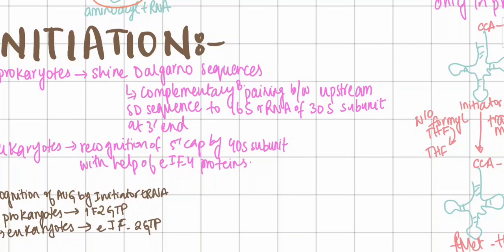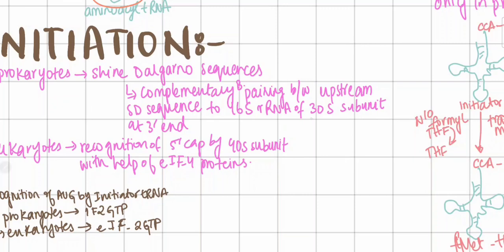We are doing this because we need to start somewhere; the ribosome has to look for the start codon. How do they reach and recognize the start codon? That in prokaryotes is the Shine-Dalgarno sequences.